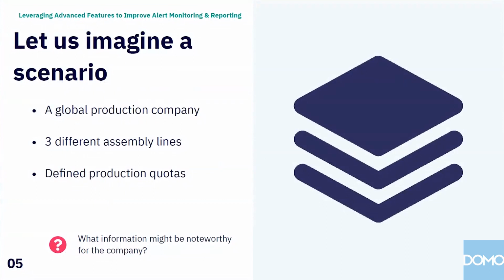So before we get into the first level, we're going to add on to that layering aspect that we've been talking about and imagine a scenario of a global production company that uses 3 different assembly lines for their operations and defines production quotas for each one of those assembly lines.